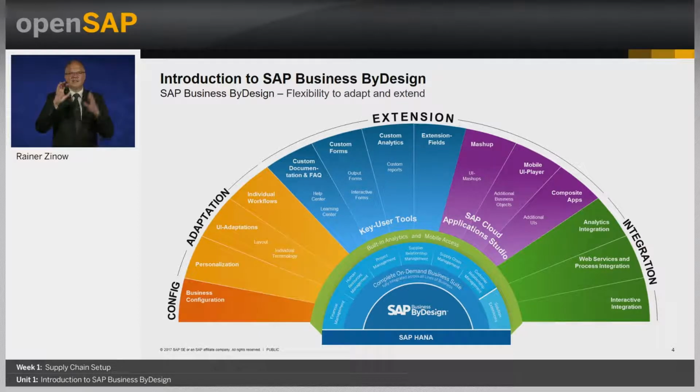So you can easily take an existing report, add capabilities to it, add characteristics to it, rework it so that it meets your specific needs. You can add extension fields to the system. The Business by Design data model is super rich. Nevertheless, many customers need specific additional fields which are not in the standard, but that's not a problem because you can extend them. And then you can use the SAP Cloud Application Studio.